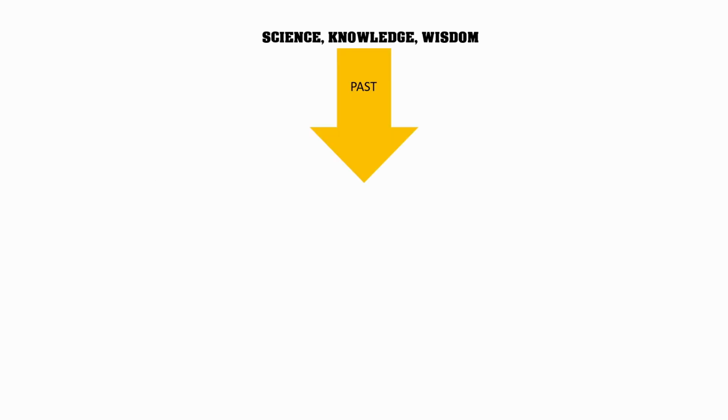So, in the past, ancient civilizations, advanced civilizations, understood that what they knew or understood as science, knowledge, and wisdom was one whole thing. So they included what we understand as modern science, but they also included all the realm of phenomena.